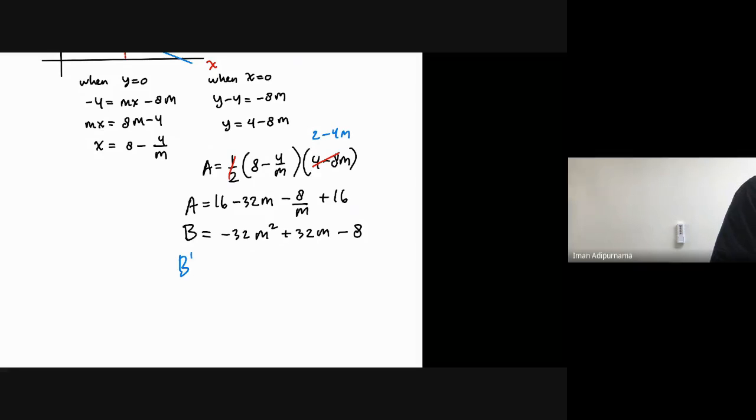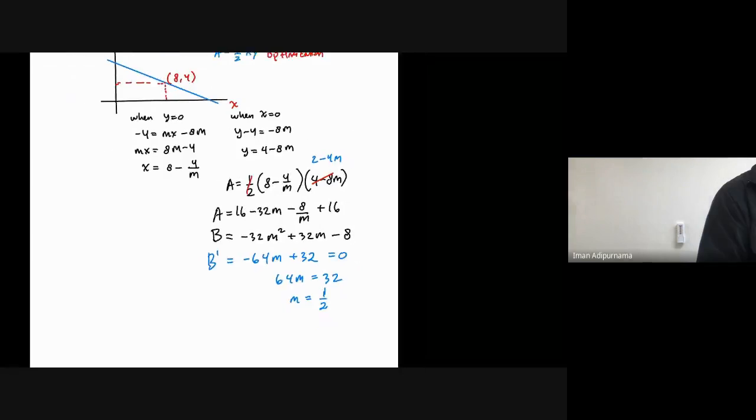And then make this 0. And the m should be half.